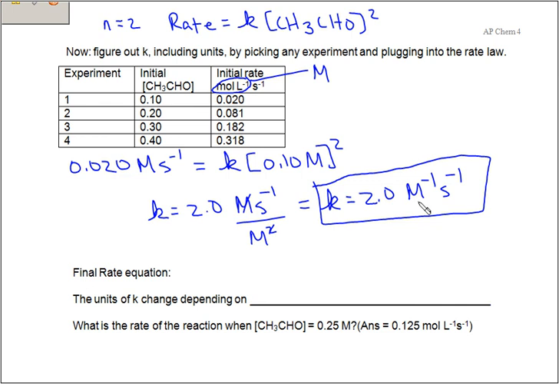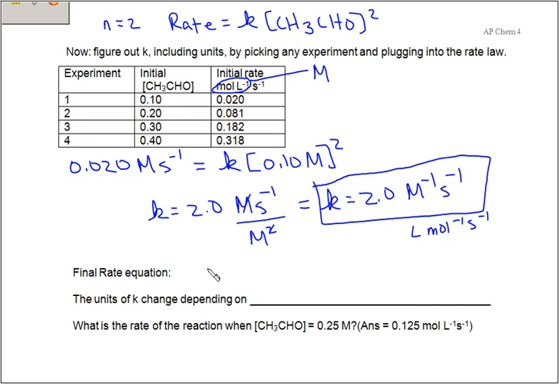Now we can rewrite molarity as moles per liter, much as they did here. So if we've inverted moles per liter, this becomes liters over moles, so it's liters mole^-1, seconds^-1. So either one of these is correct in terms of the units.